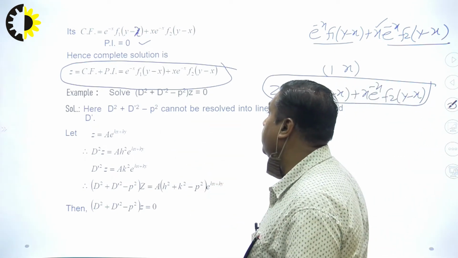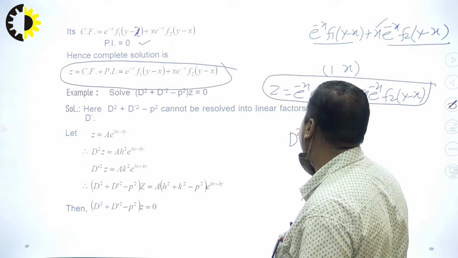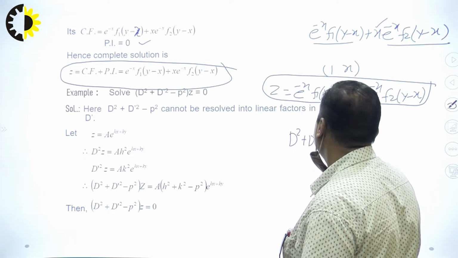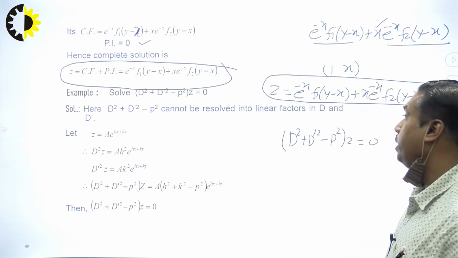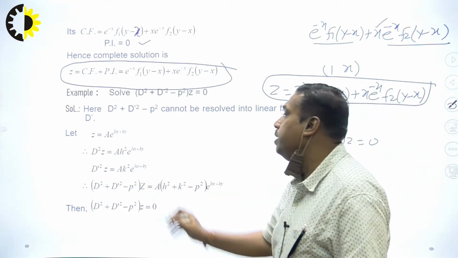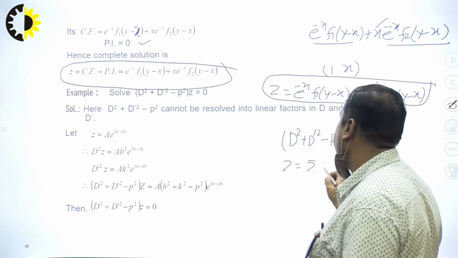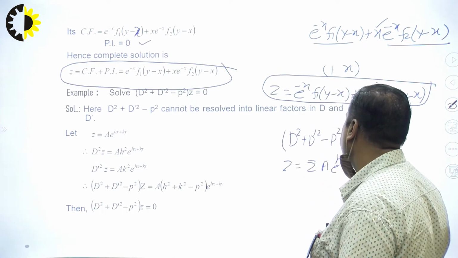Now take another example, (D² + D'² − p²)z = 0. It cannot be resolved into the linear factor. So we have to adopt the process of z = summation a e^(hx+ky).